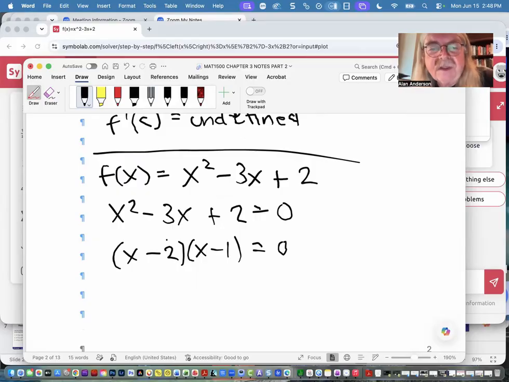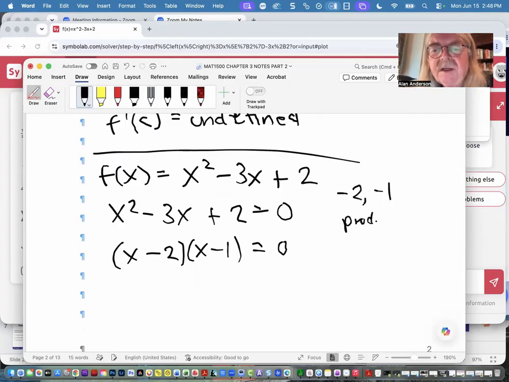of course, you want to reproduce this polynomial, but what we're really looking for is two numbers whose product is positive 2 and whose sum is negative 3.